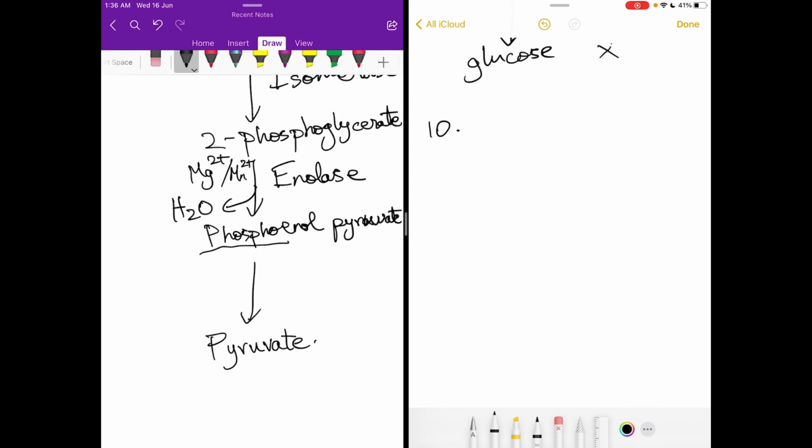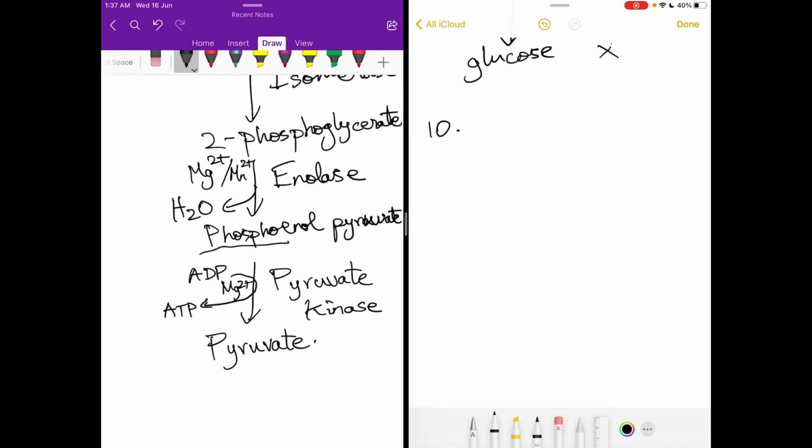So how is this phosphate lost? Now again it is being accepted by ADP to form ATP, and for this reaction to take place, we have the enzyme pyruvate kinase playing its role. And also remember, we again need the cofactor magnesium or manganese to facilitate this reaction.